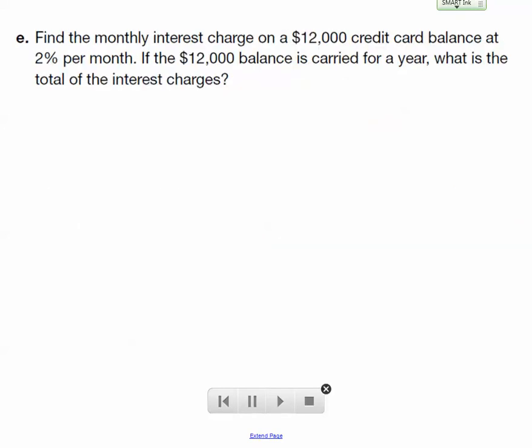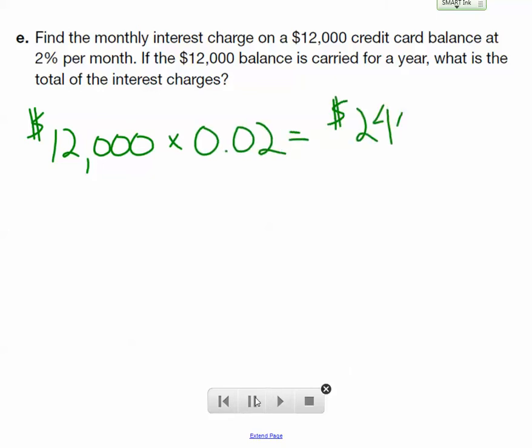And one more here. Find the monthly interest charge on a $12,000 credit card balance at 2% per month. If the $12,000 balance is carried for a year, what's the total of those interest charges? Okay, first things first. If we take that $12,000 and multiply it by 0.02, 2% per month, we're going to get charged $240 in interest that month.